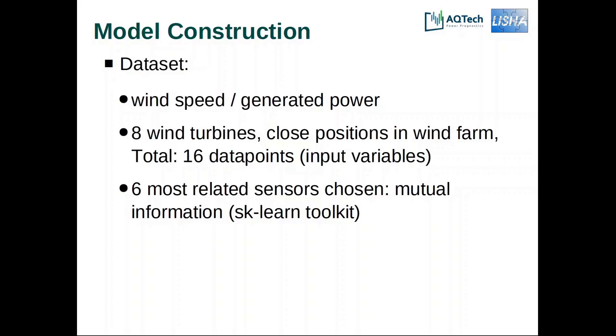From this dataset, for each sensor, an artificial neural network was built, using as input the 6 most related sensors' values. These features were selected using the Mutual Information Gain Analysis function from the sklearn toolkit library.